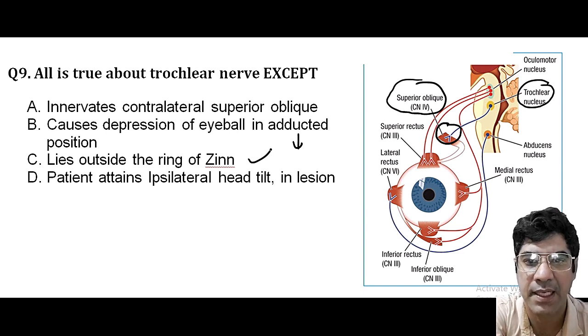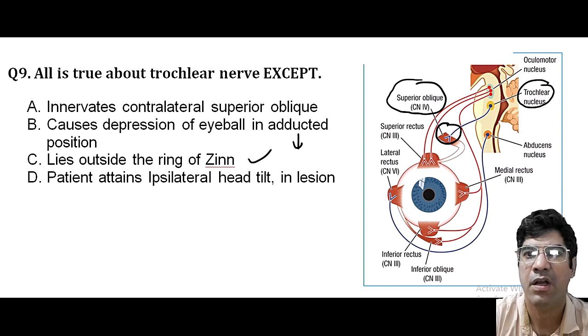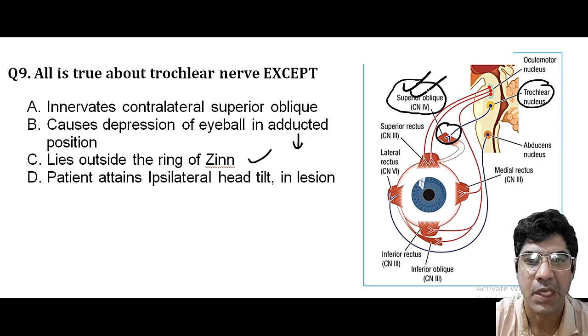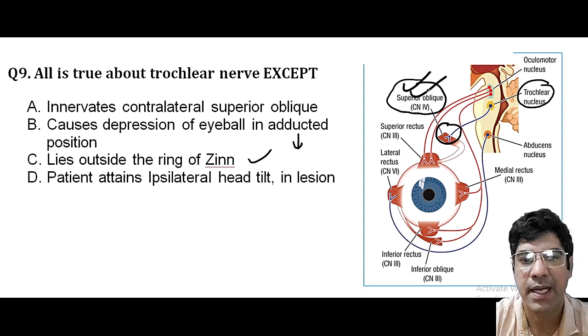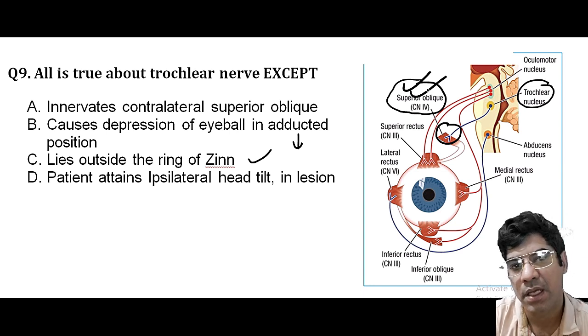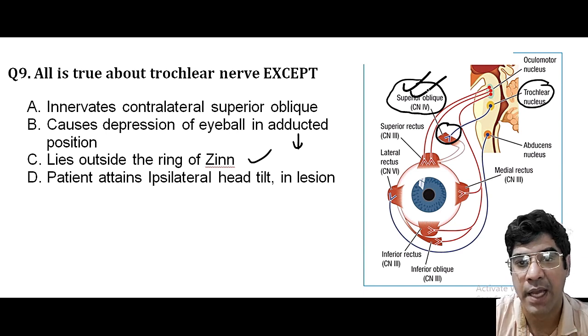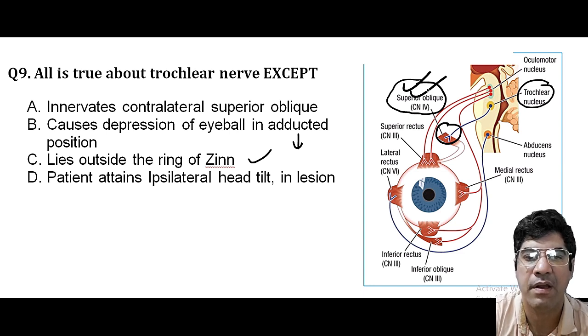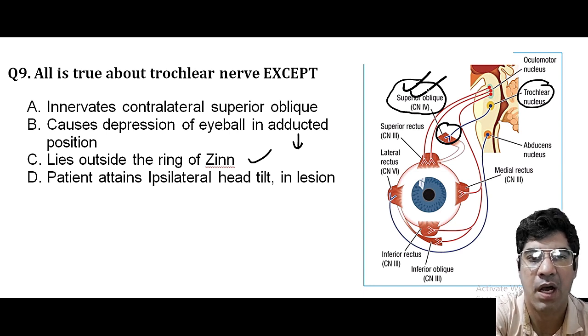This head tilt is a compensatory mechanism to alleviate the double vision that occurs due to the paralysis of the superior oblique muscle. By tilting the head to the opposite side, the patient aligns the eye more vertically, reducing the severity of diplopia when looking down. So the answer is D.